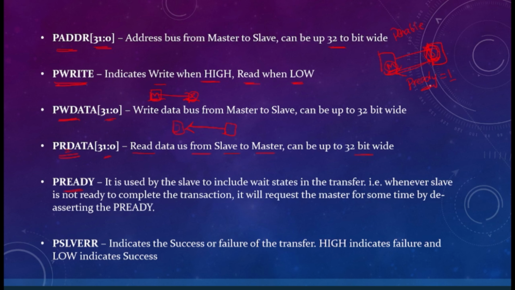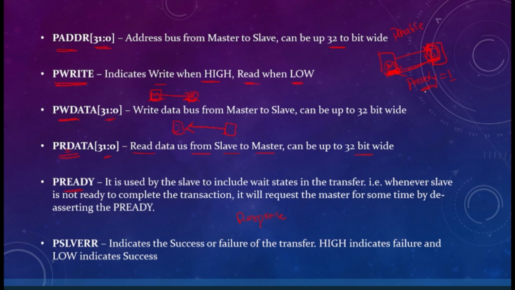So P ready and P slave error are basically called response signals. Why are they called response signals? Because for the action the master is doing, that means for the packet of data or the transaction the master is sending to the slave, the slave is responding. The slave is responding that yes, I am ready now, you can send me another packet of data, because the packet you sent me I have already processed.